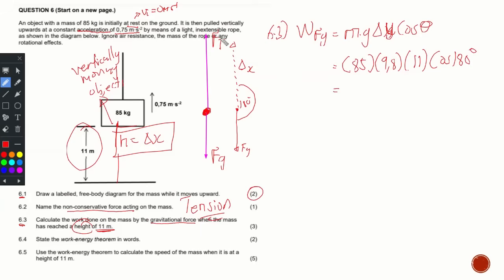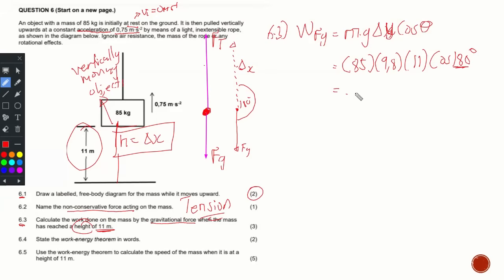So if it was for tension, it was going to be 0 because as we can see, tension is in the same direction as the displacement, so it would be parallel to that. But here, it's acting in the opposite direction. So hence we have cos 180 degrees. So 85 multiplied by 9.8 multiplied by 11 and then cos 180.